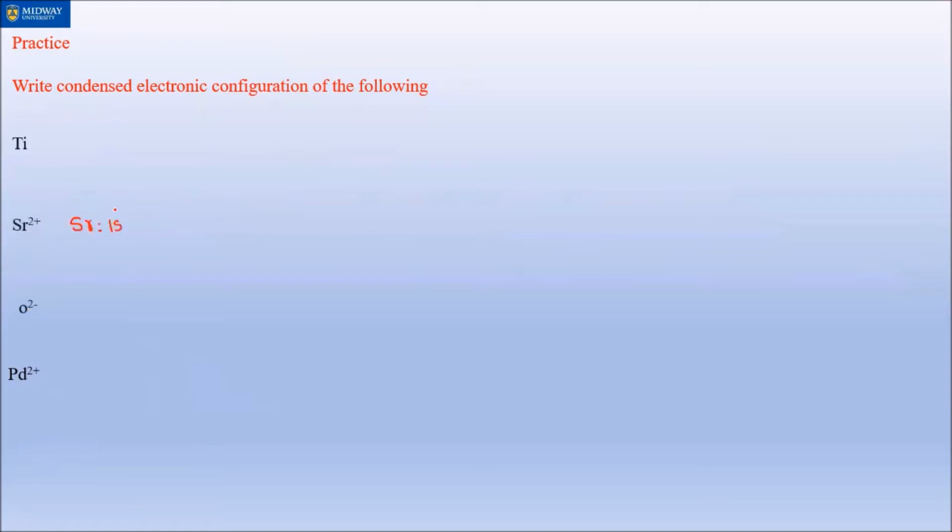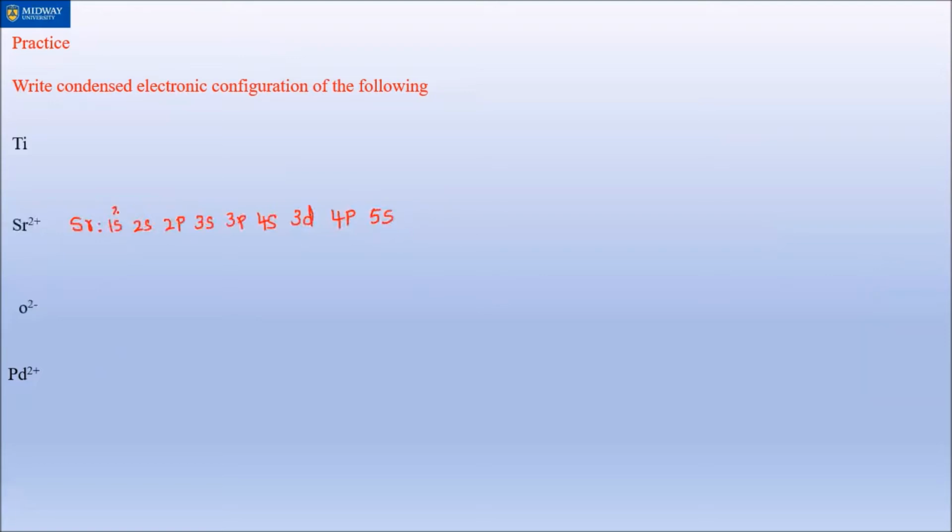So follow the sequence first and write the electronic configuration of strontium first. So it's 1s, 2s, 2p, 3s, 3p, 4s, 3d, 4p, 5s, and then 4d. I guess we can stop at 5s. That's where strontium is part of the 5s band, right?